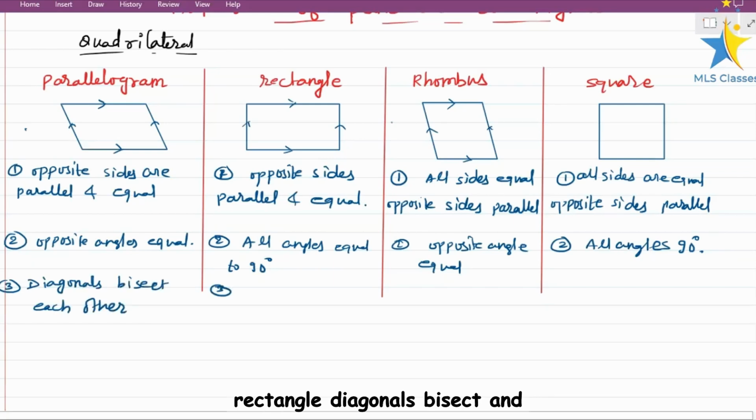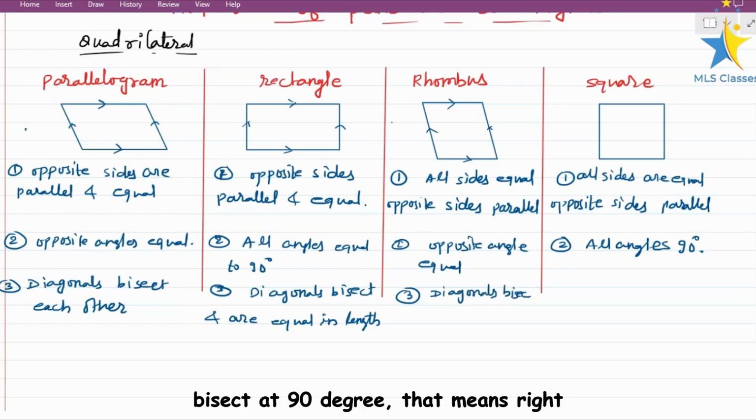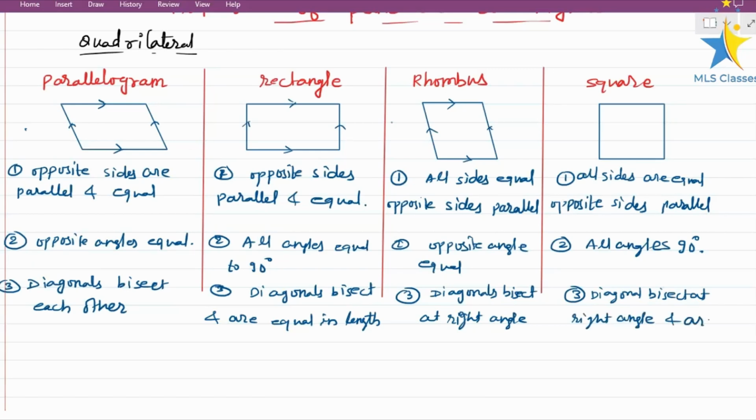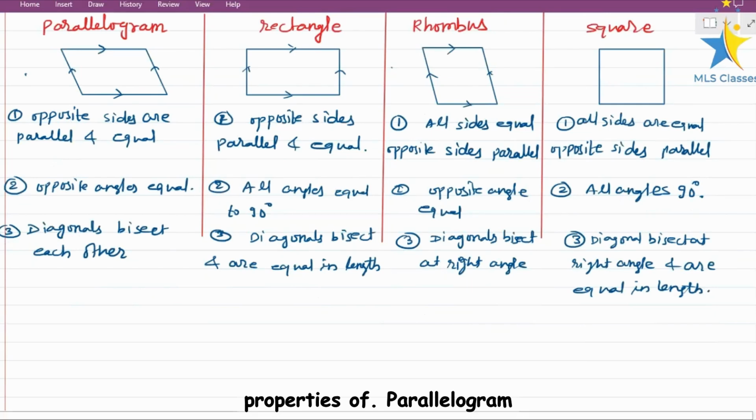In rectangle, diagonals bisect and are also equal in length. Then in rhombus, diagonals bisect at 90 degrees, that means at a right angle. And in square, again diagonals bisect at a right angle and are equal also. These are the basic properties of parallelogram, rectangle, rhombus and square.